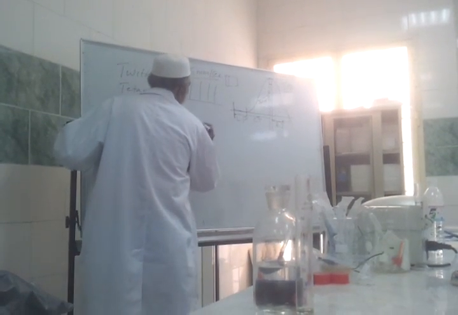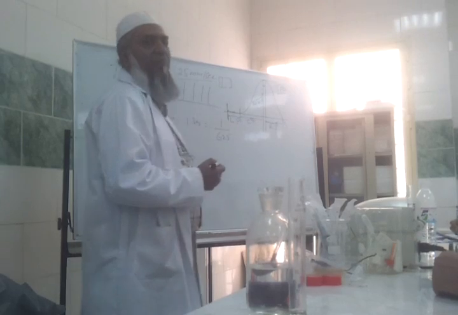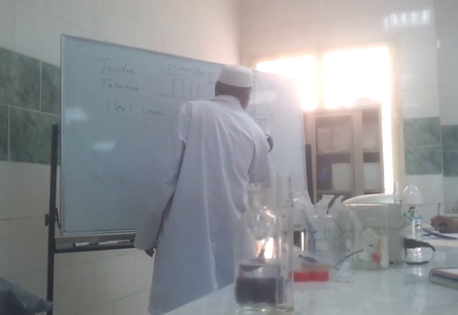So 1 square will be equal to 1 upon 625. And if you divide 1 second by 625 millimeters or squares, the value becomes 0.0016 seconds.